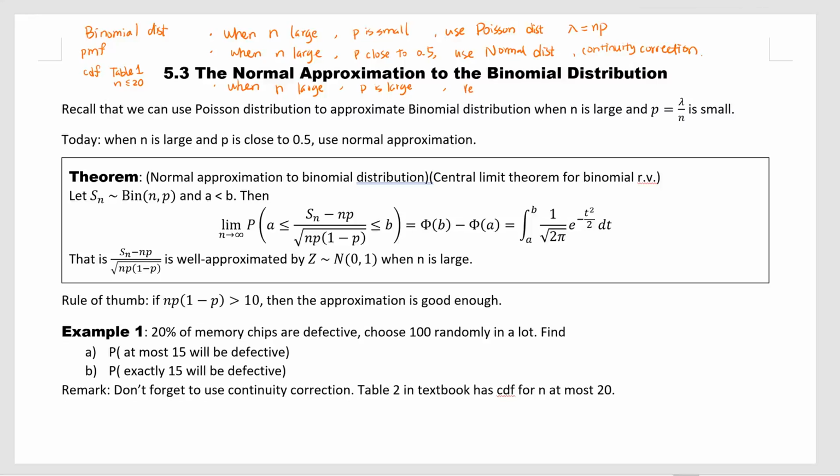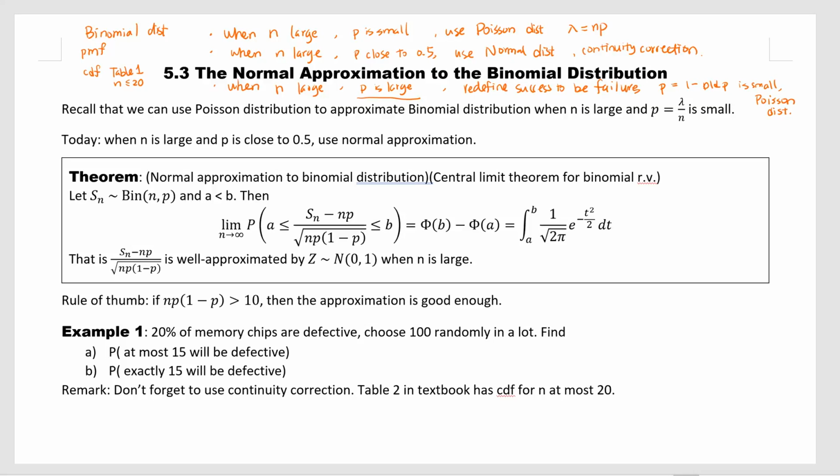Now your p is 1 minus the old p. Because your old p is large, your new p is small. Then you can use the Poisson distribution to approximate it.